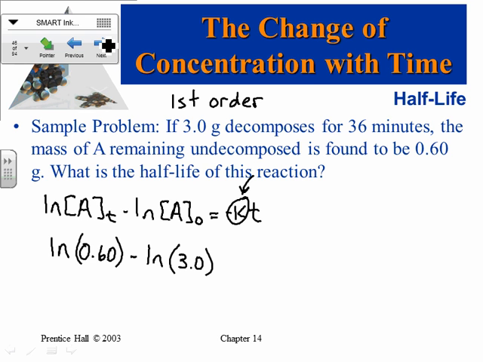Gotta make sure that you get those right. And that's equal to negative k times our t here, and we'll just keep it in minutes. What that's going to do is give our k the units of minutes to the negative 1. So just keep an eye on that.